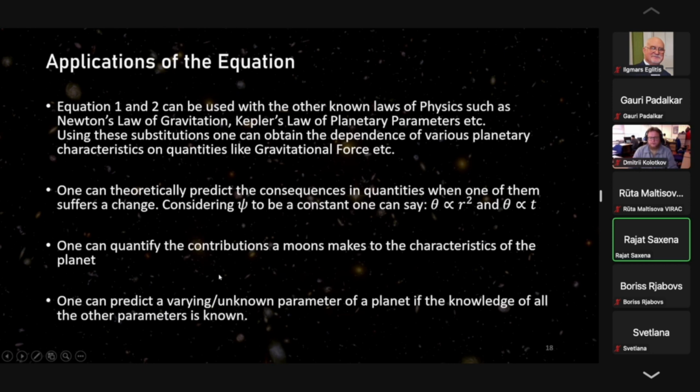Another thing I had mentioned is that we can quantify the contributions of a moon to the planet, which we could not do earlier. And also, if one of the parameters of a planet is unknown, we can make it the subject in equation 1 or 2 and find its value if we have the knowledge of all the other parameters.